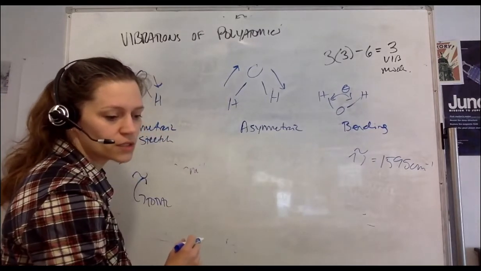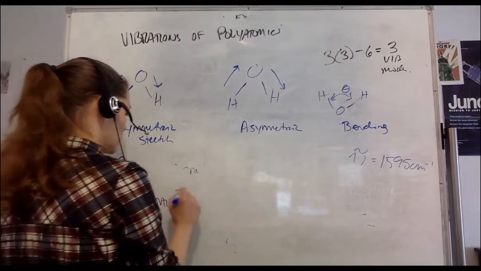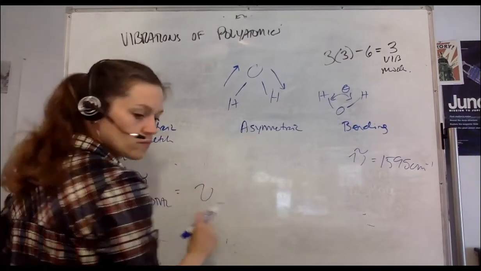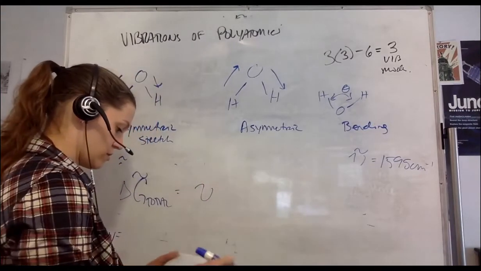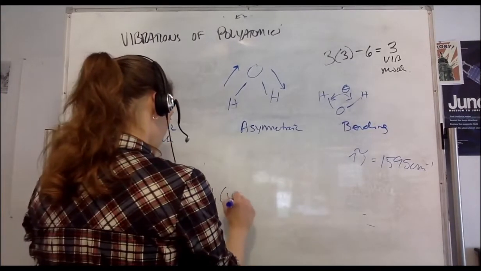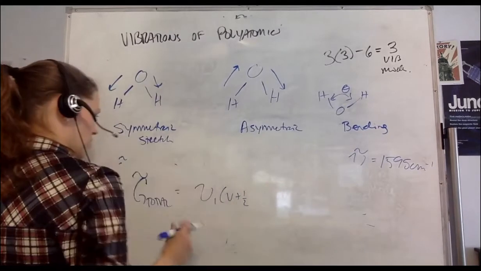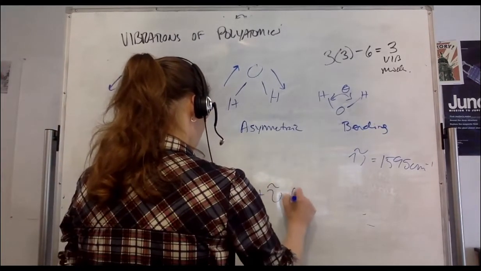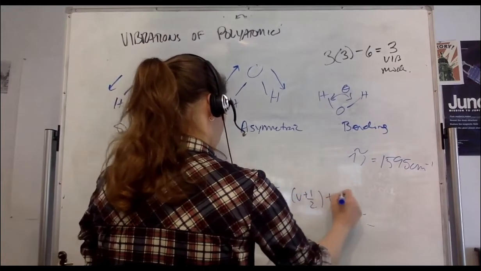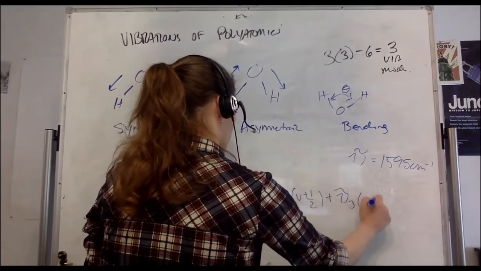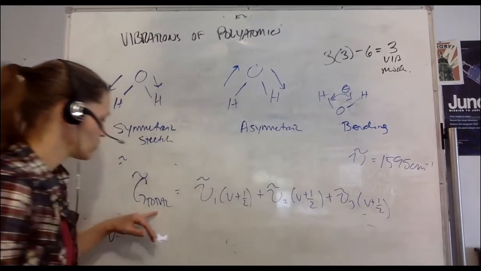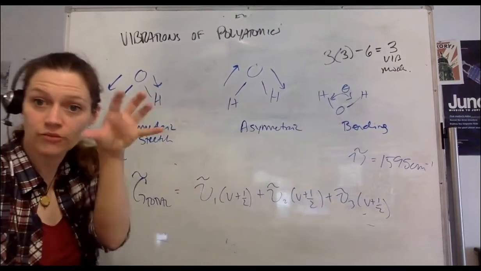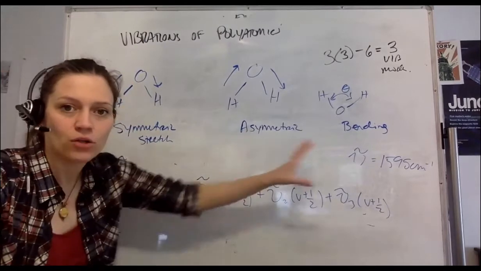So delta G total is going to then be the sum. When you're looking at your total vibrational energy of the molecule itself, you're going to add all of these together.